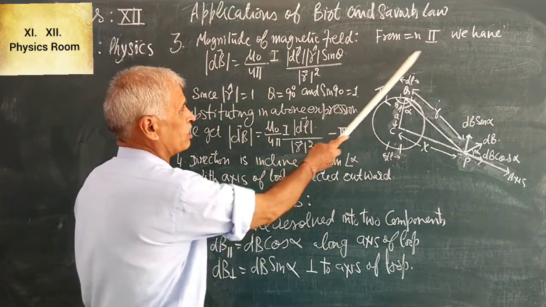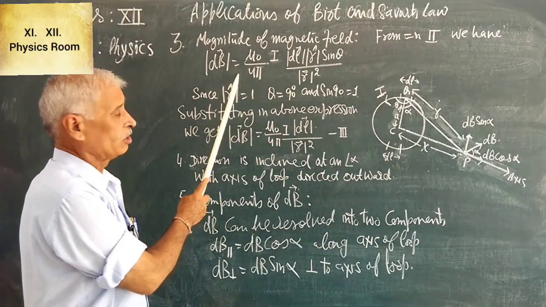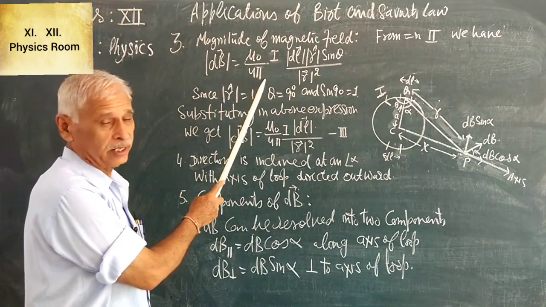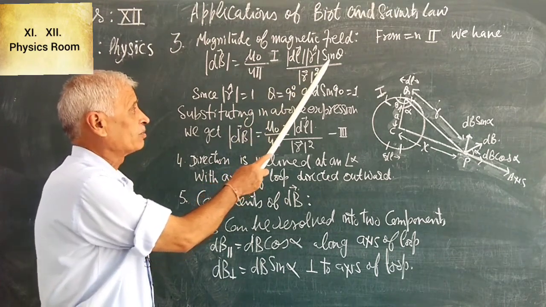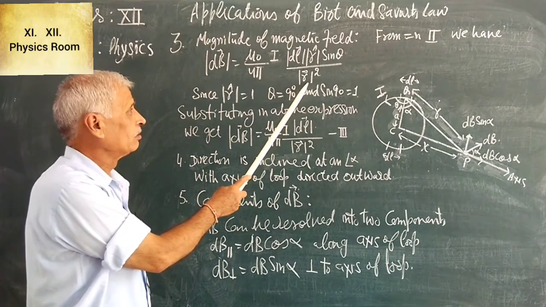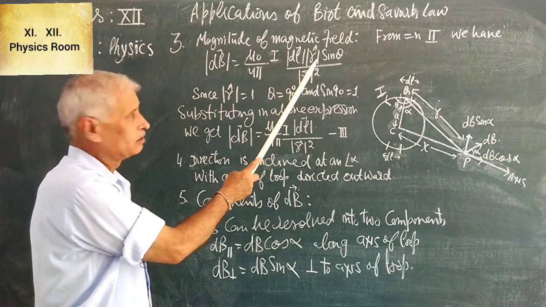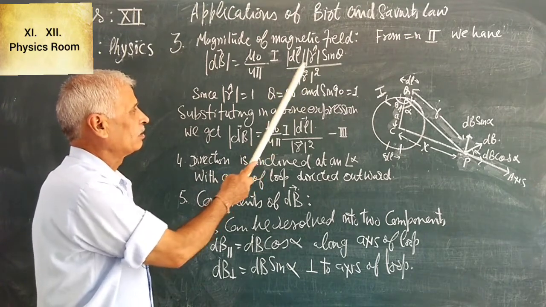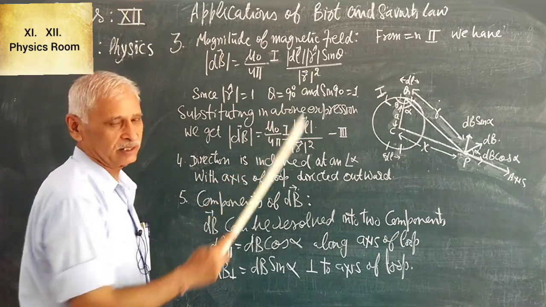Now from equation 2 we have mod dB is equal to mu 0 over 4 pi I mod dl mod r cap sin theta divided by mod r square. So many times we have written the value of the cross product, the same way we have written mod dl mod r cap sin theta.